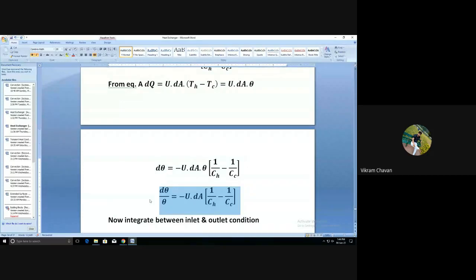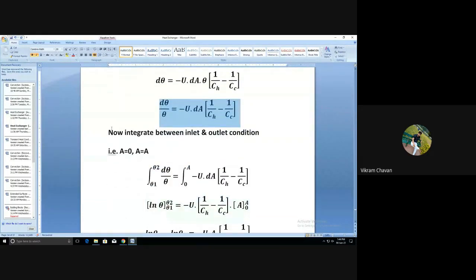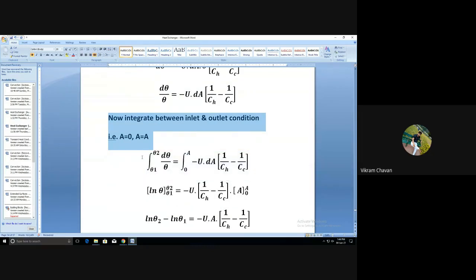Okay. Further, we have to integrate this equation. Now integrate between inlet and outlet condition, that is when A is equal to 0 and when A is equal to capital A. Okay. So integration of d theta divided by theta with the limits theta 1 to theta 2, and integration with the limits 0 to A for minus U multiplied by dA inside bracket 1 upon Ch minus 1 upon Cc.